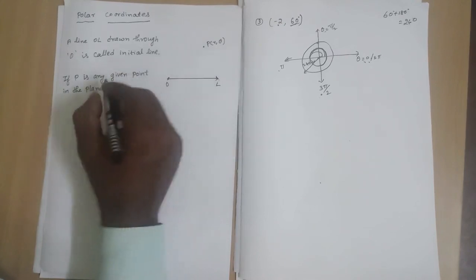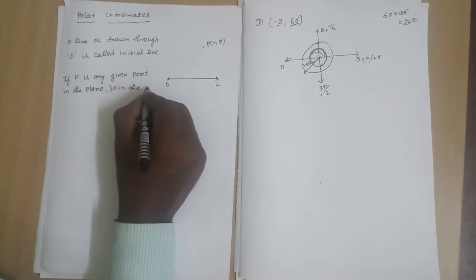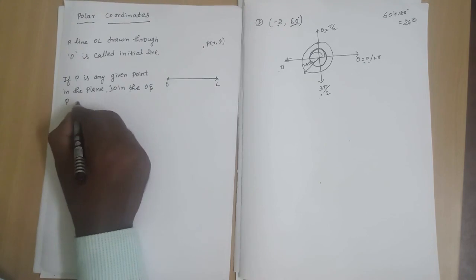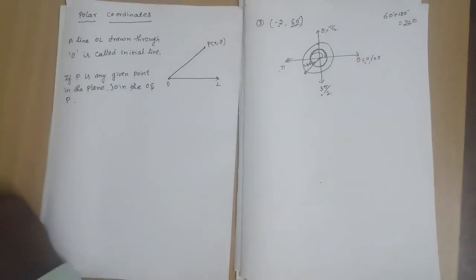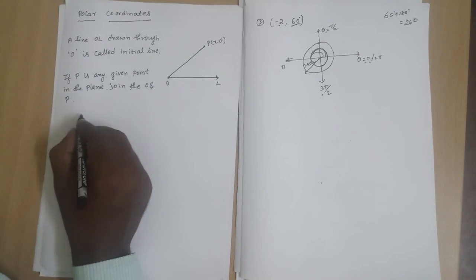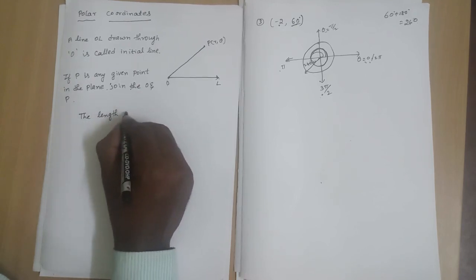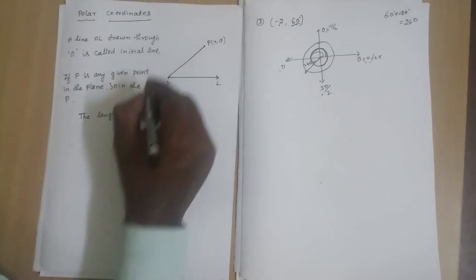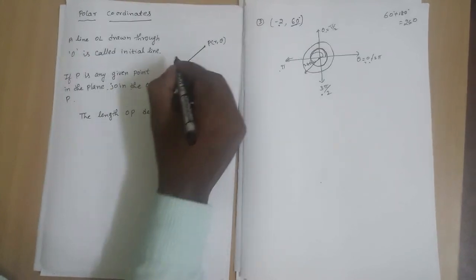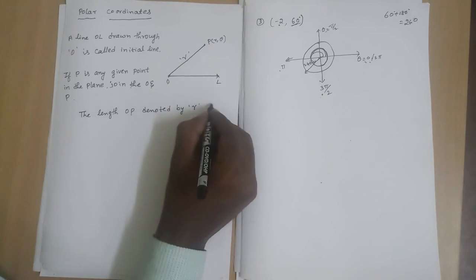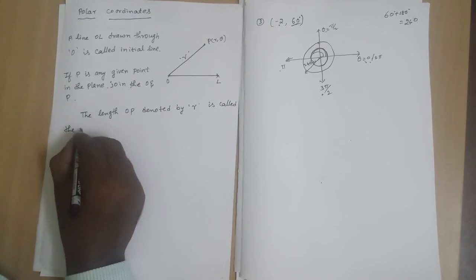I will join O and P. The length OP, denoted by r, is called the radius vector of the point P.